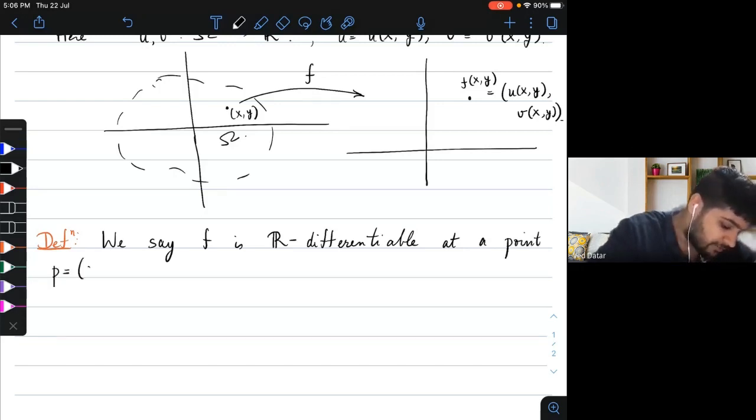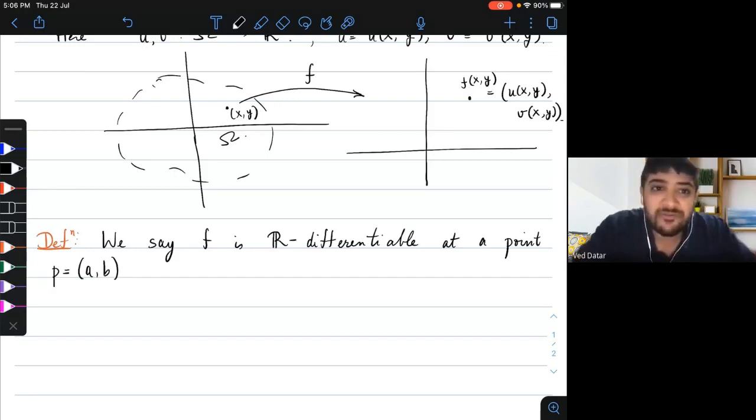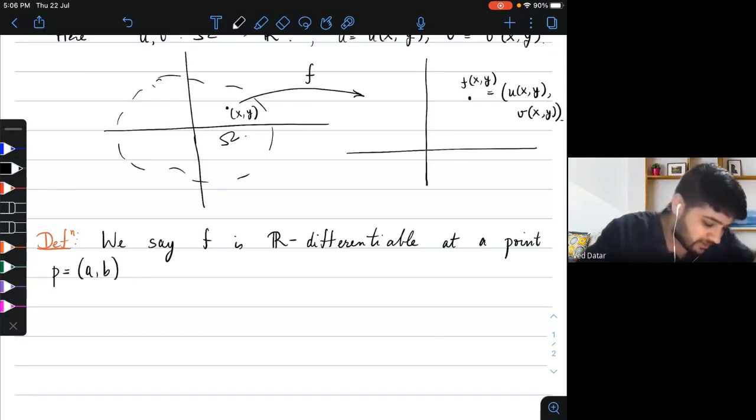P, whose coordinates I'll denote by (a, b). So this is some point in omega.